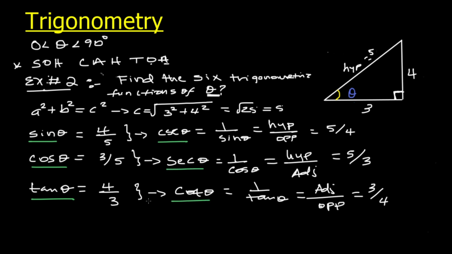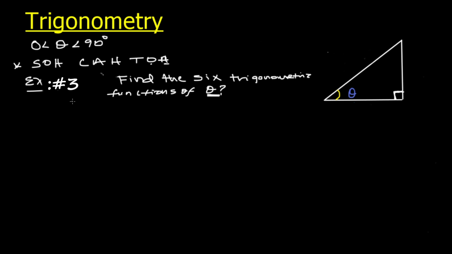All right, so this is example 2. Let's see if we can do example 3 here. It is a right angle triangle, where we have the length of the hypotenuse and also this side. We don't know the adjacent side. We are asked to find the 6 trigonometry functions. We start with our Pythagorean equation: a squared plus b squared equals c squared.